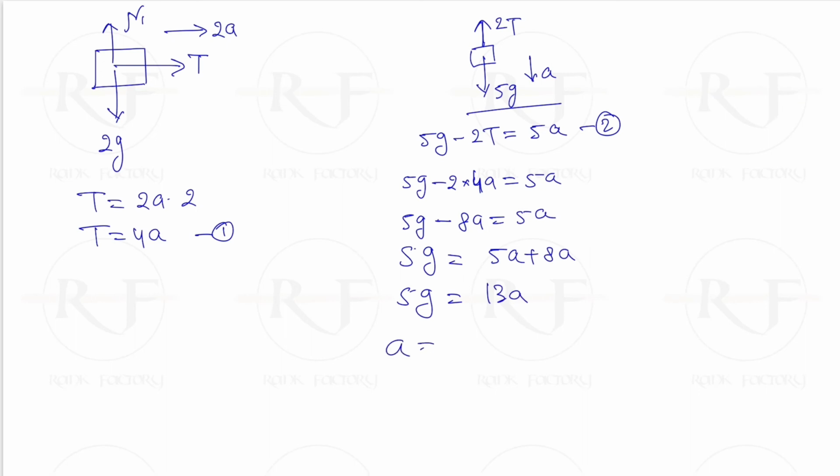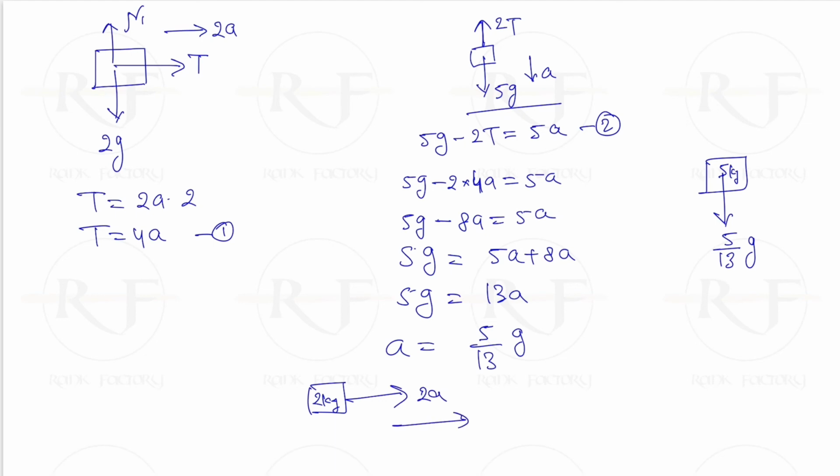So acceleration a equals 5 by 13 times g. It means the block of mass 5 kg is moving with acceleration of 5g by 13. So the block of mass 2 kg will move with acceleration 2a. So it will be 2 into 5 by 13 g, and this equals 10g by 13.